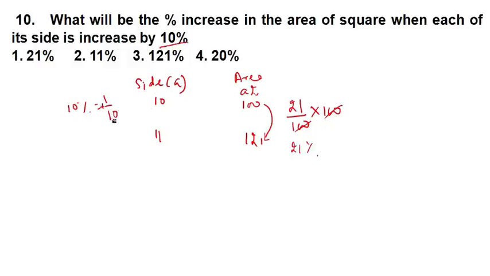Before it was 10, after it got increased, now it is 11. So we know that area of a square means side squared, so this 11 also will get squared. So now how much it got increased from the previous one? Clearly you can see that 21% got increased.